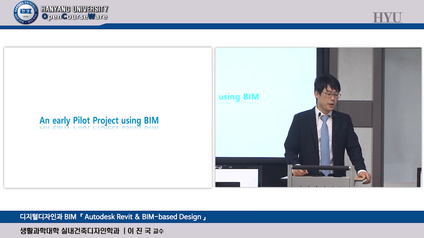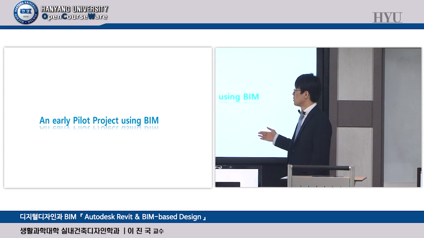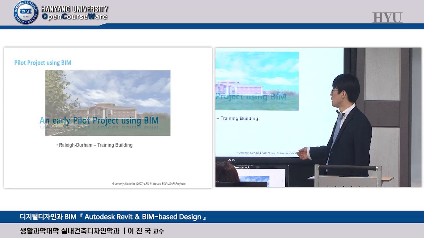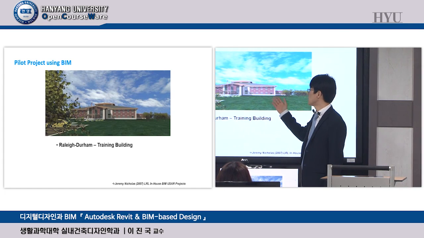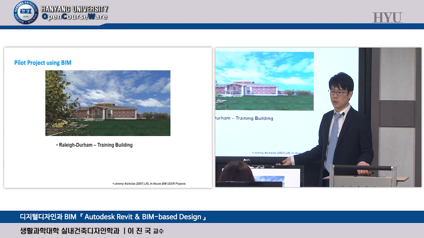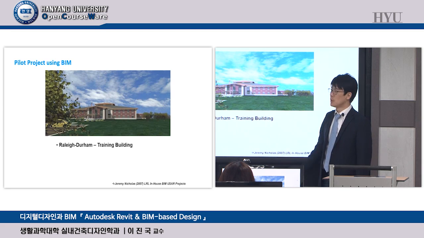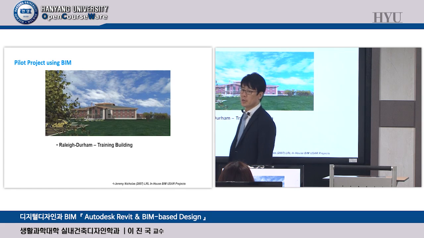Let me show you another very old and typical project done in the United States, an early pilot project using BIM. Okay, this is one of the training buildings, kind of school-like, a very simple structure. Very commonly found building structure in the United States. Almost more than 10 years ago.